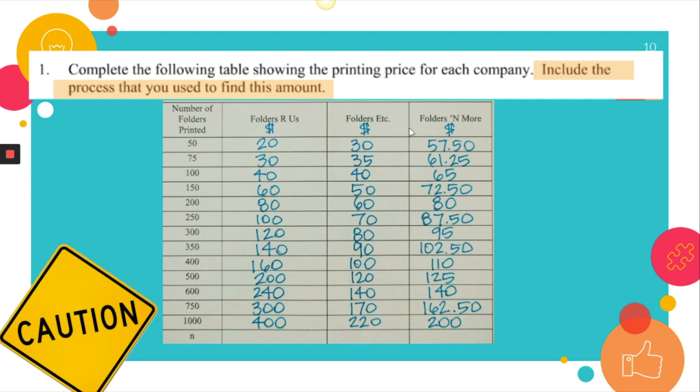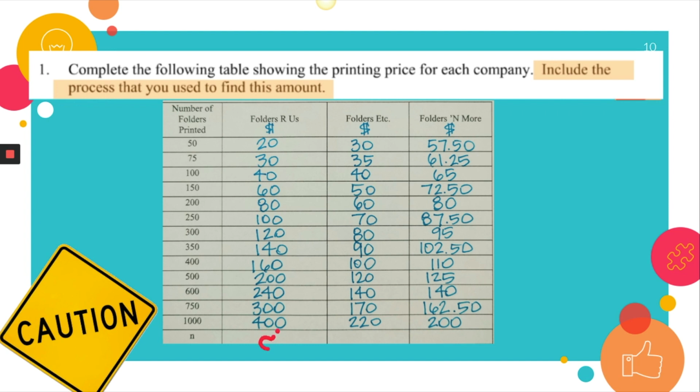For number 1, the one thing I would like to caution you about is making sure that you follow the directions for number 1, and that is to include the process that you use to find this amount. This is an example of what not to do.